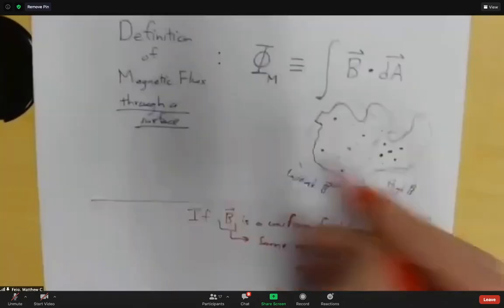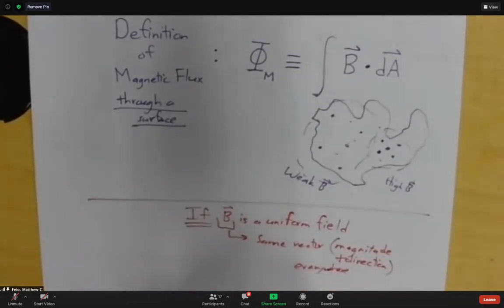Then what's going to happen to the magnetic flux? Then the magnetic flux through the surface, you don't really need to do the integral, you can just multiply.